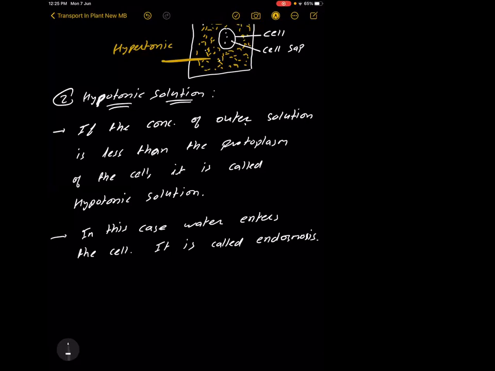Endosmosis. Fine. So here water enters the cell, that is endosmosis. The cell becomes turgid. In the hypertonic solution, the cell becomes flaccid, and here it is turgid.